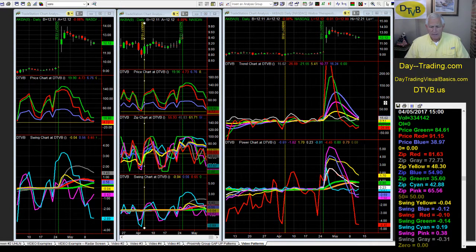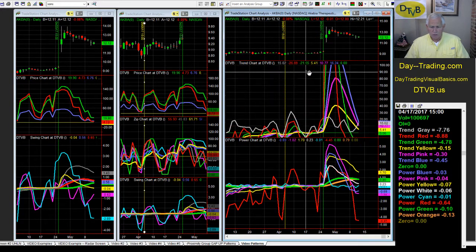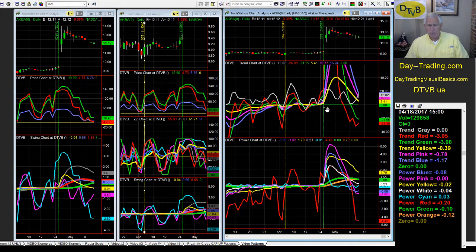Tied in with that, I want to expand the trend chart a little bit and show you what I normally compare: the power movement line, the trend movement line, the swing movement line, and the price movement line.